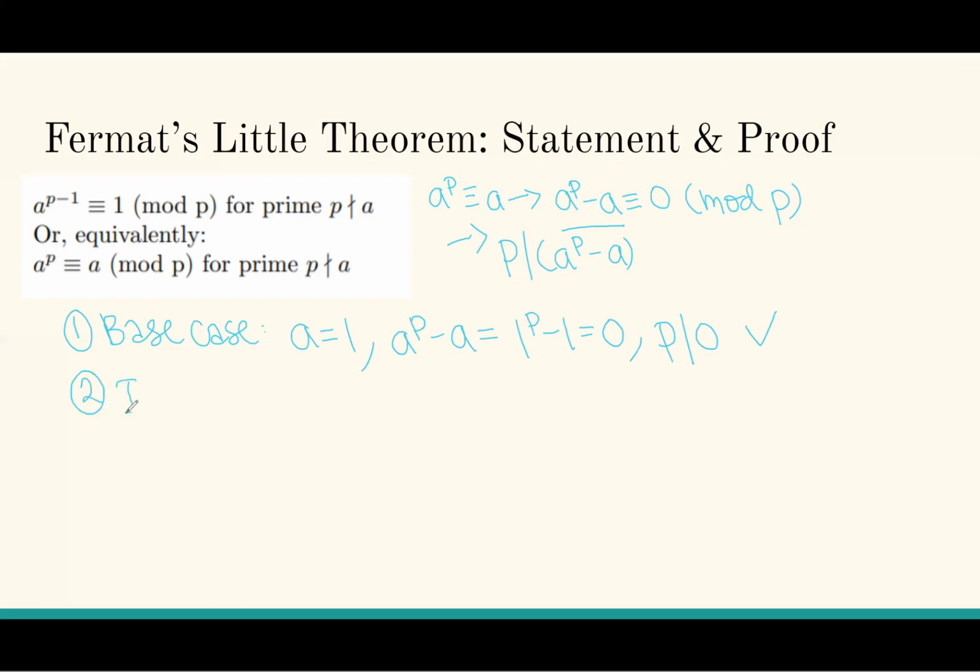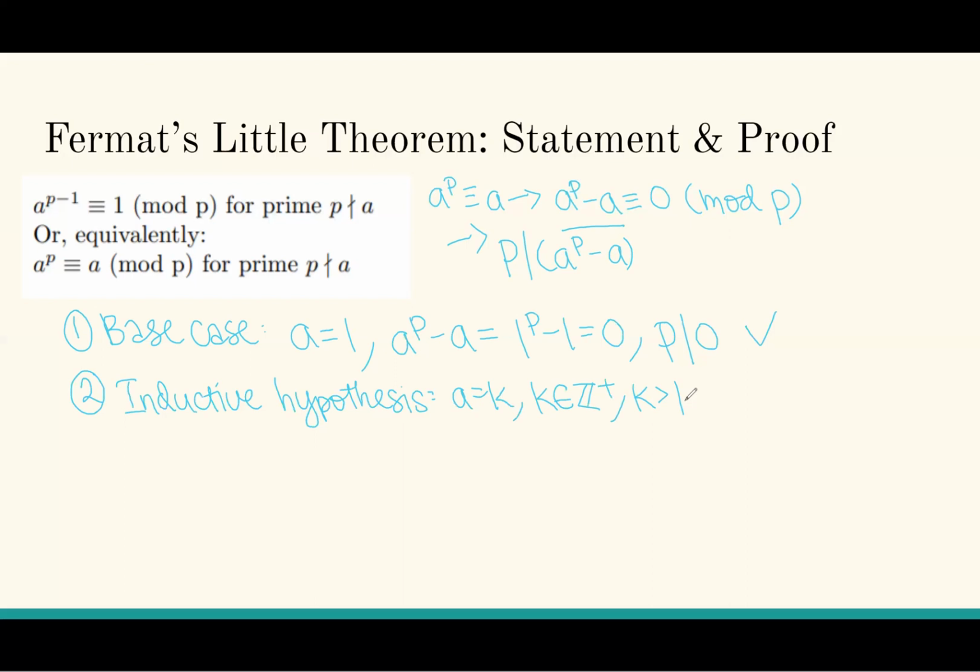Now we are going to do our inductive hypothesis. For this one, it's when a is equal to k, where k is a positive integer, any positive integer, such that k is greater than 1. The reason we do greater than 1 is because 1 was our base case, and we want to prove something more than 1.